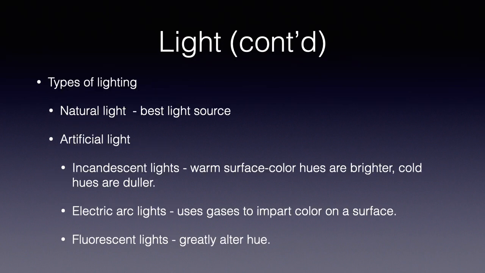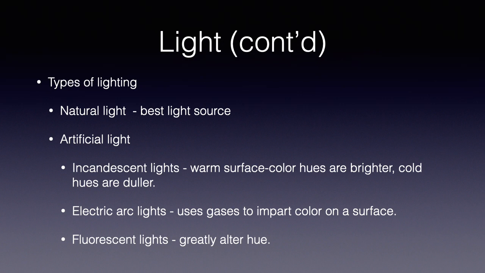An artist should also consider the type of lighting that their piece will be viewed in. So what I mean by that is, is this piece going to be hanging in the interior of a home on a wall where the light source in the home is LED lighting?